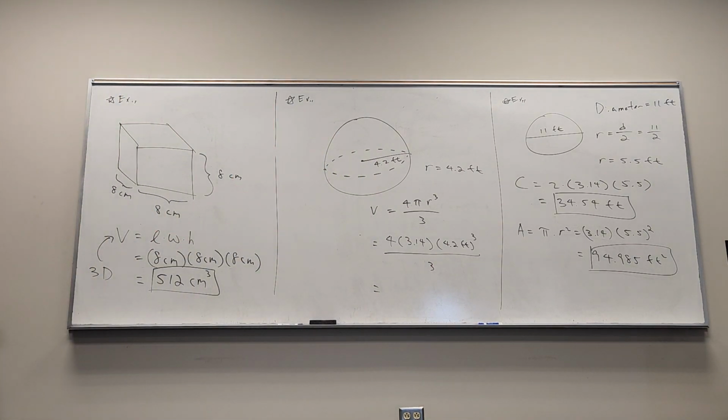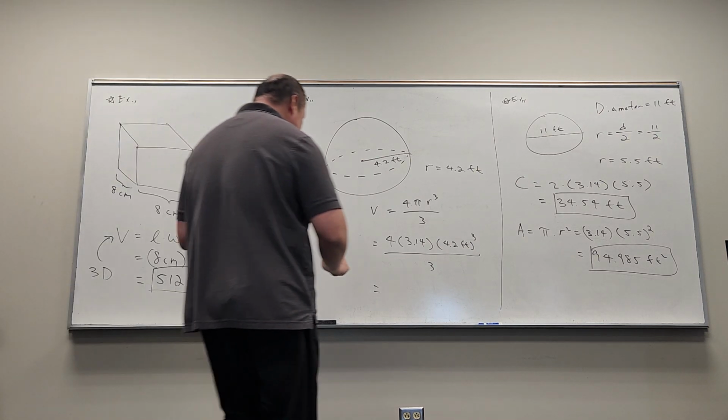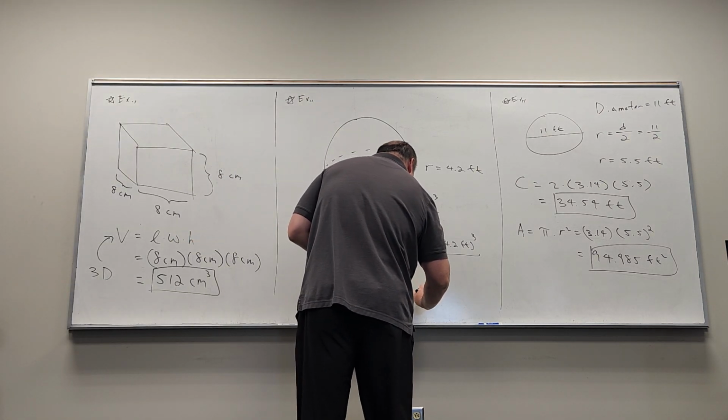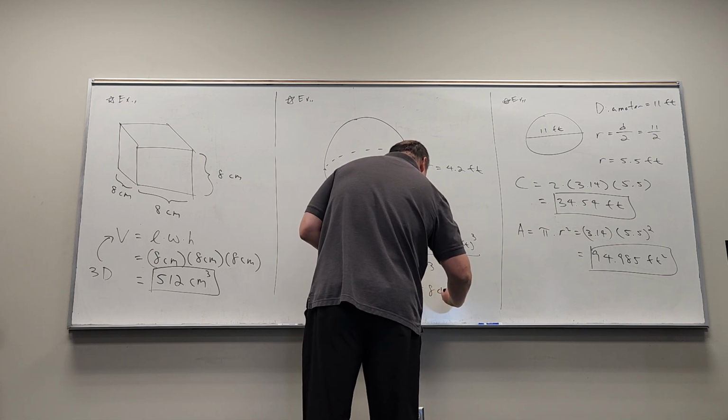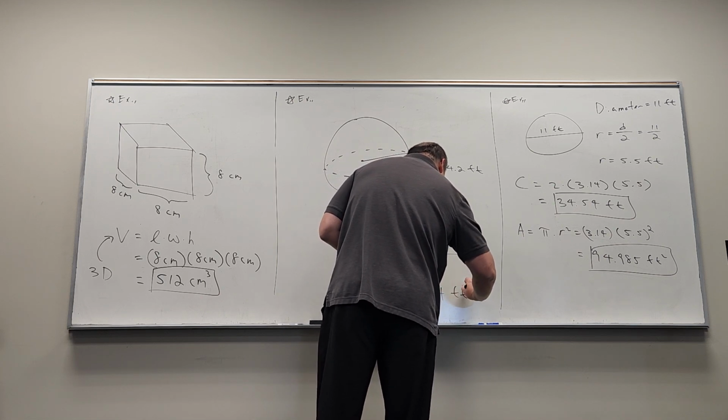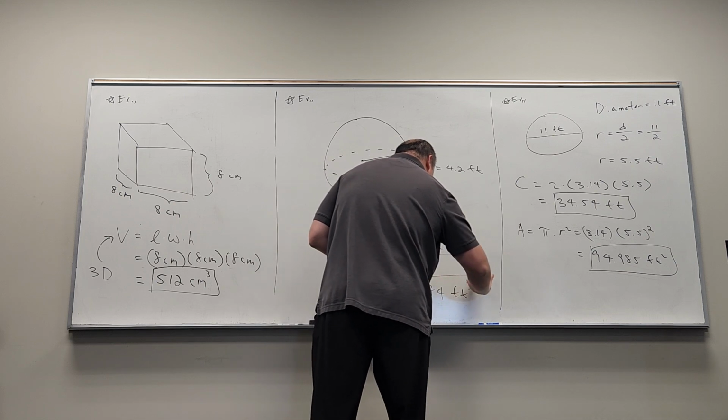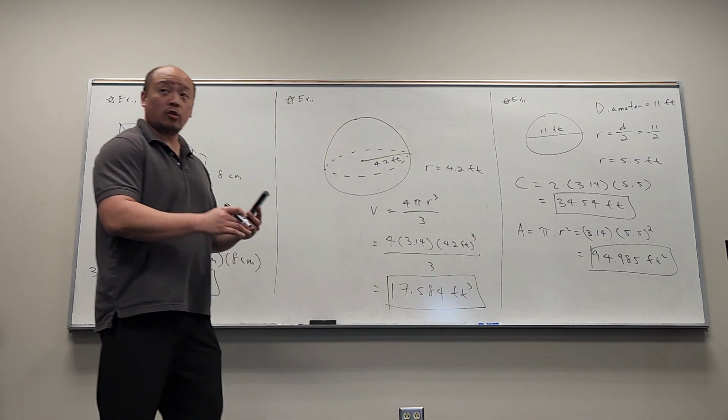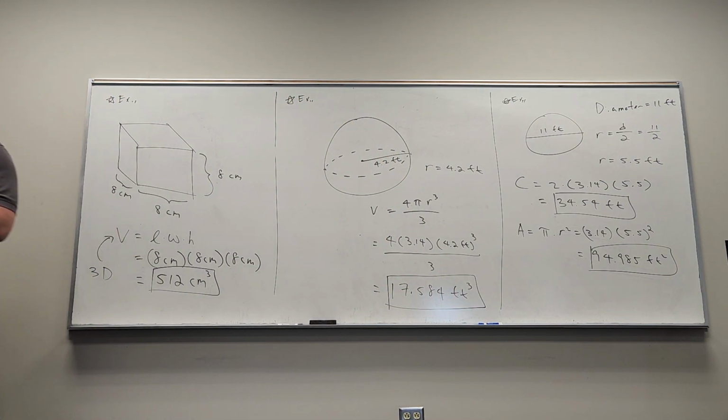I would just say 4 times 3.14 times 4.2 to the third power divided by 3. Just put it all in the calculator and just say 17.584, cubic feet. Again, this is a volume, so it's a 3-dimensional object. 3D.